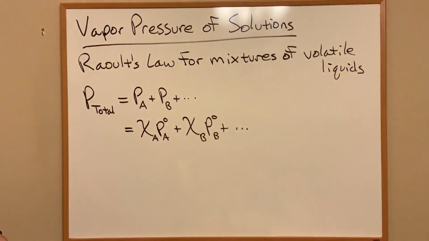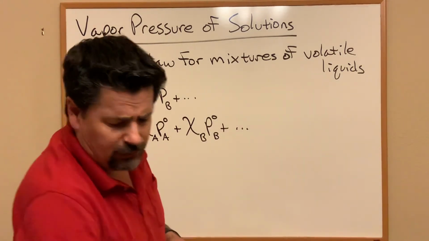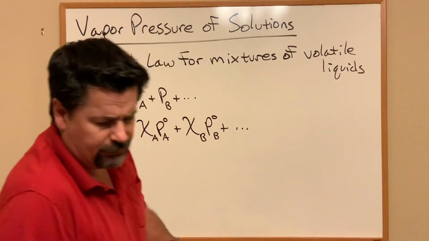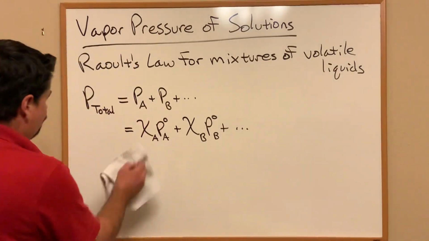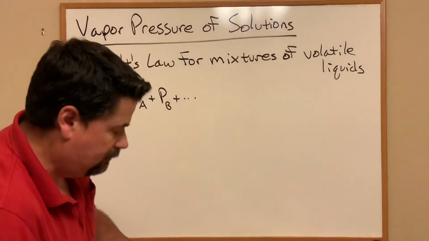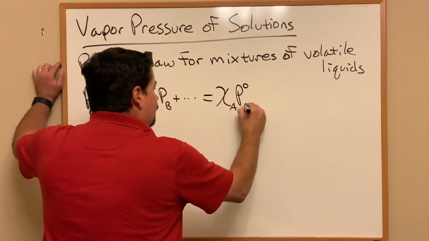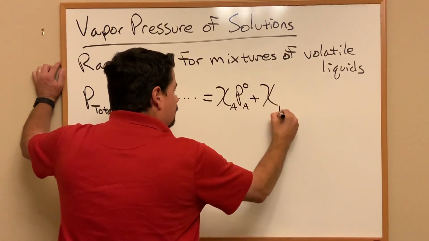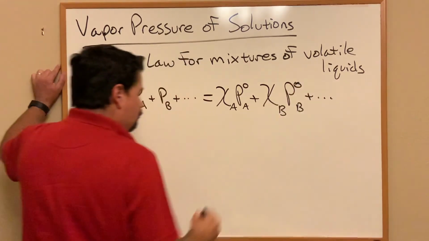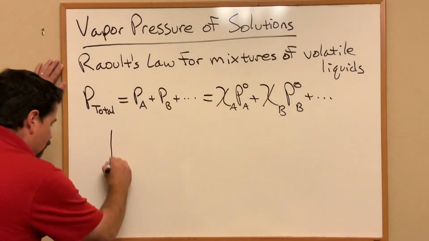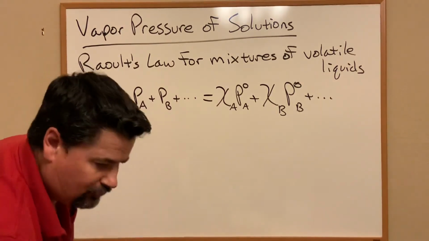So we could actually plot this if we wanted to. Let me just rewrite this real quick so that I can squeeze in my figure here. So that equals chi A P naught A plus chi B P naught B plus whatever other terms we have. Now we could plot this, and let me get my axes here.